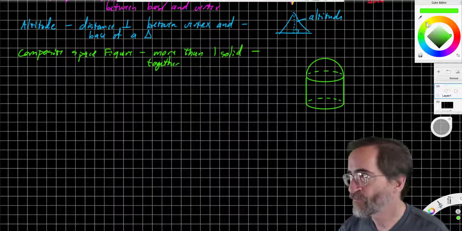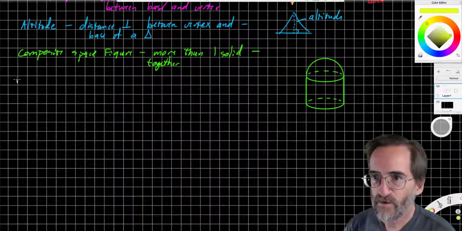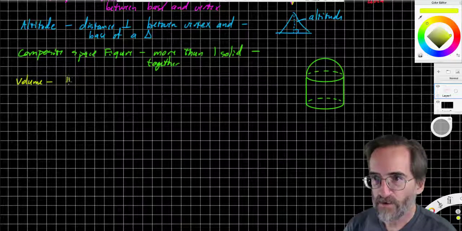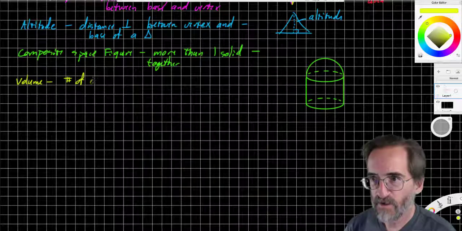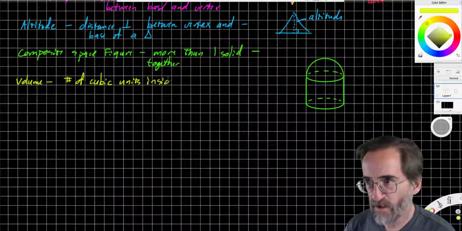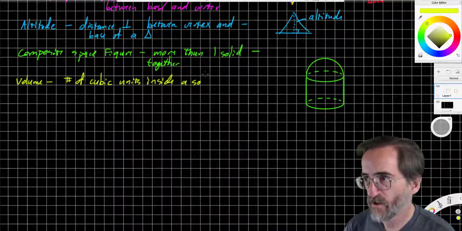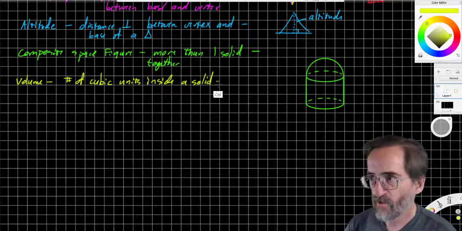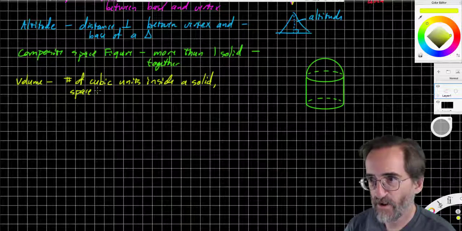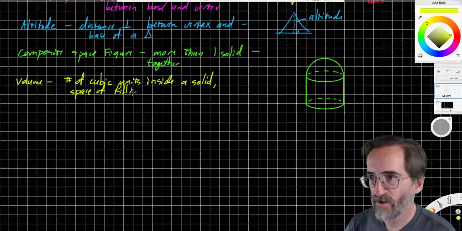Okay. Volume. It's the number of cubic units inside a solid. More easily, it is the space of filling as opposed to the area of covering.